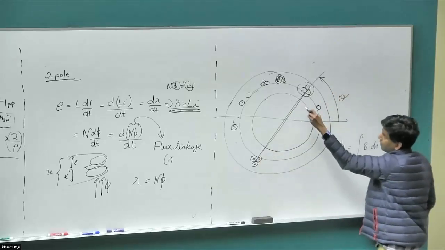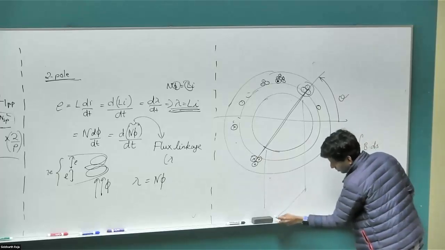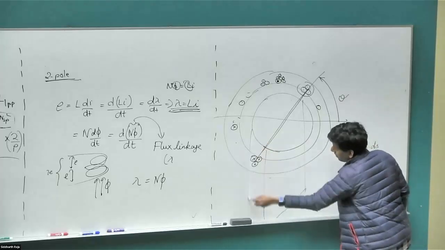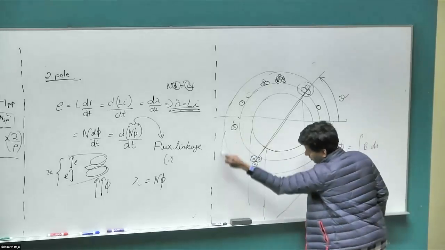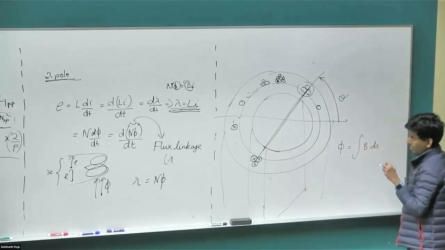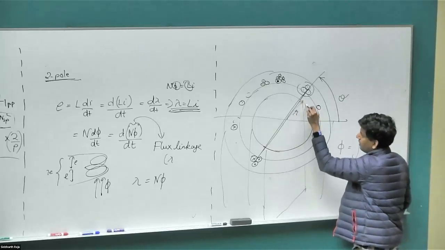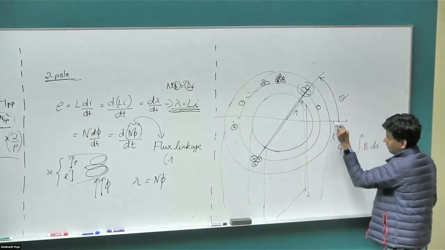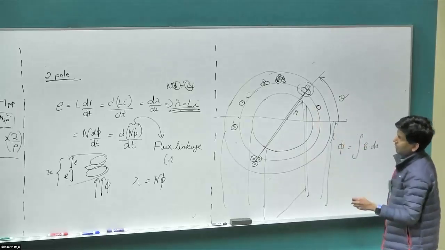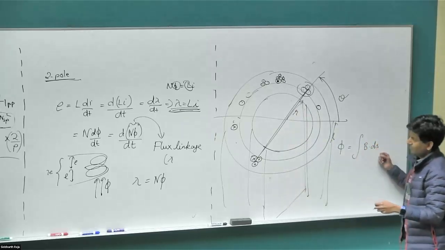This whole thing goes all the way down the full length of the motor, and there is some B field coming in on this side and then leaving out of it. The cross-sectional area is straightforward because this is the rotor radius, and this is the length of the motor, L. So 2 times the rotor radius times the length will give you the cross-sectional area.